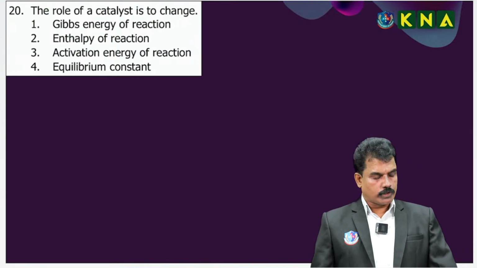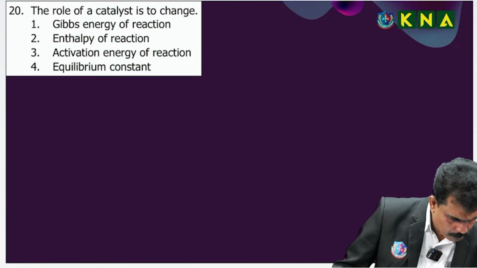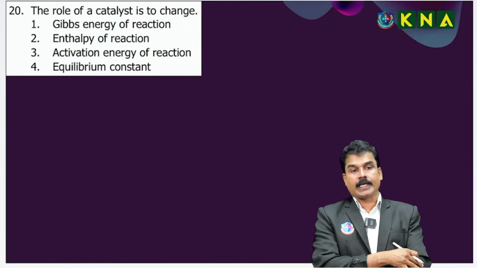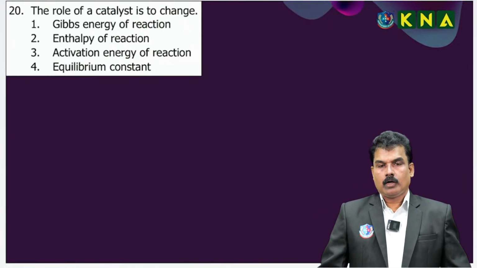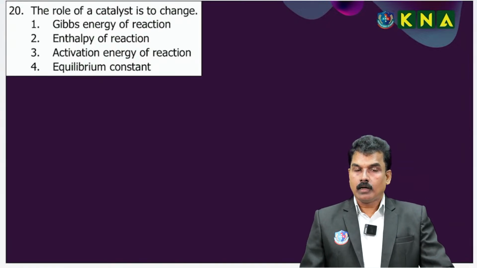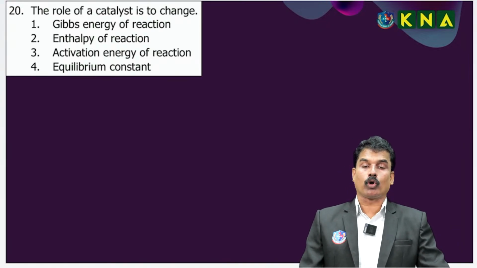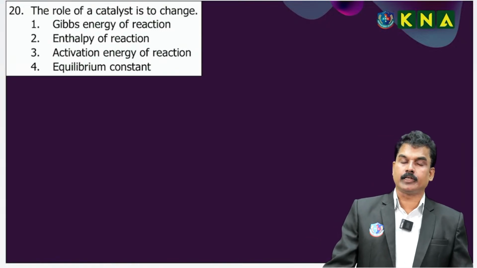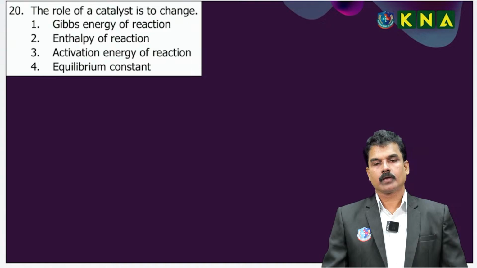Now the next question, question number 20. The role of catalyst is to change. The factors affecting rate of chemical reaction, one of the factors is catalyst. What is the role of catalyst? The main role of catalyst is it reduces activation energy of the reactant molecule.